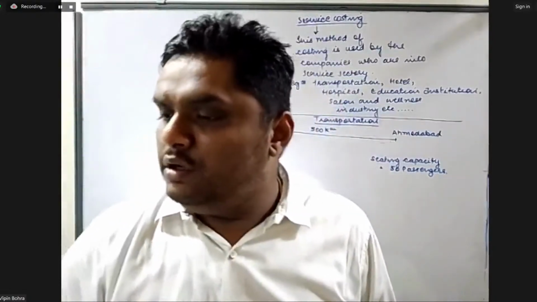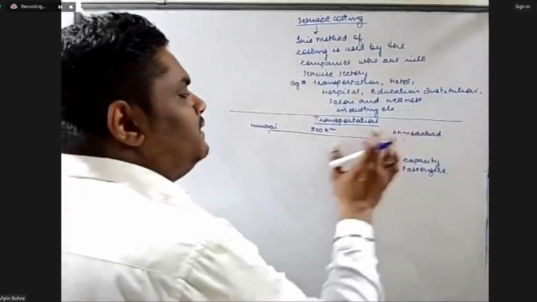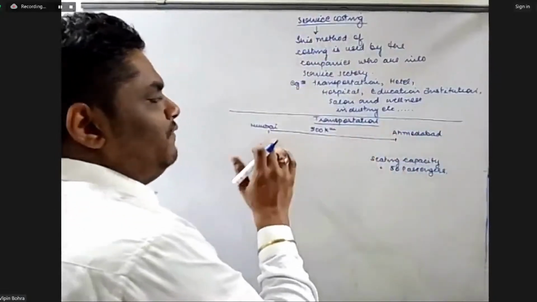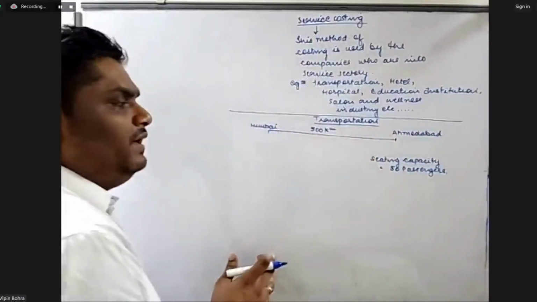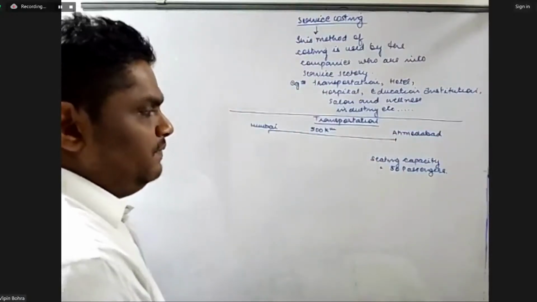So I'm running a bus service from Mumbai to Ahmedabad. The distance one way is 500 kilometers and the seating capacity of the bus is 50 passengers.